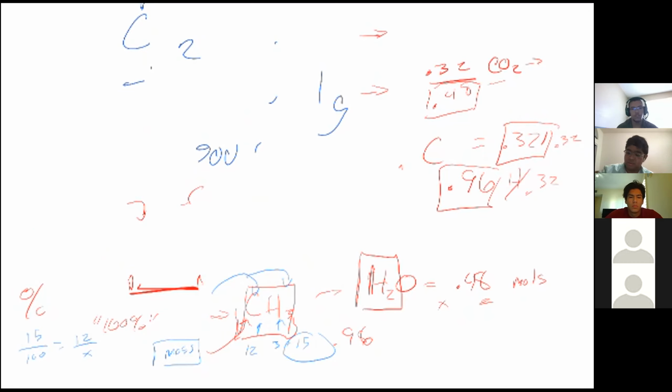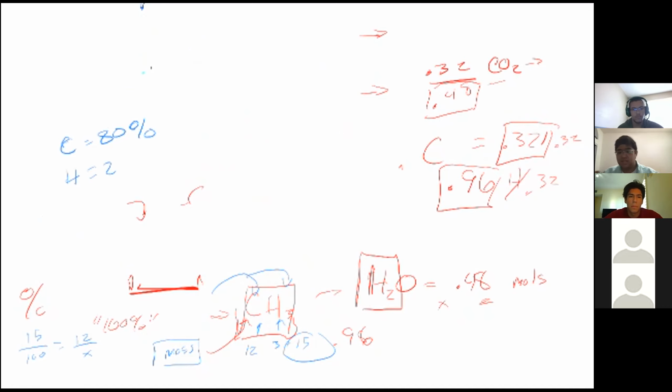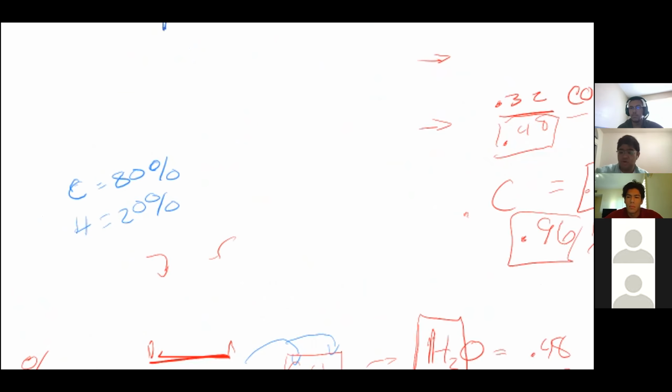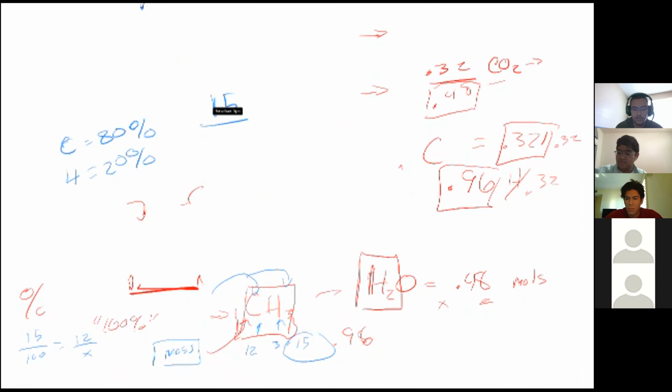Does that work? Carbon makes up 80%. Yeah, thank you. Carbon makes up 80% of the whole compound, and hydrogen will make up 20% of that whole compound. The way I got that is our whole compound weighs 15 AMU, 15 grams per mole. That's our 100%. And if each carbon contributes 12 grams for that, what is our percentage?